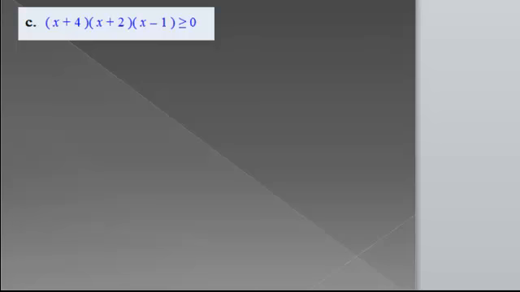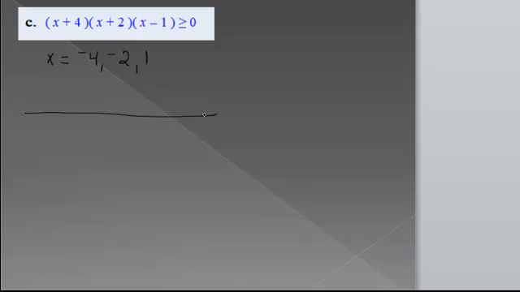Okay, last one like this. This one's already completely factored for us, and 0 is on the right hand side. So we can go straight to setting each one equal to 0. This would tell us that x is equal to -4, -2, and +1.